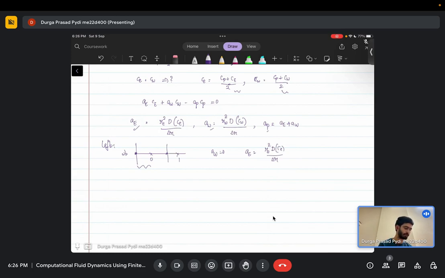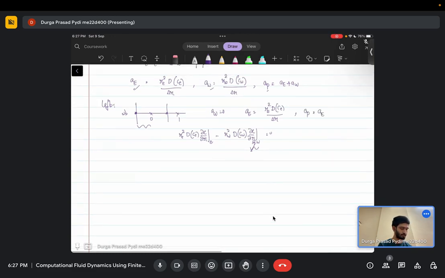So now your AP, when we write the equation, it will be r e square d del c del r on the east face minus the boundary condition, which essentially says this is equal to 0. So you don't have any contribution from the west term. So AP equals A east.